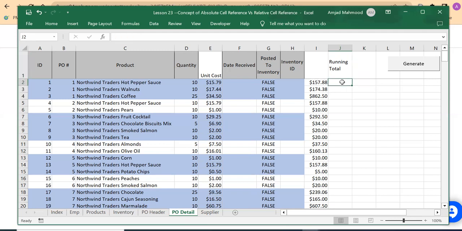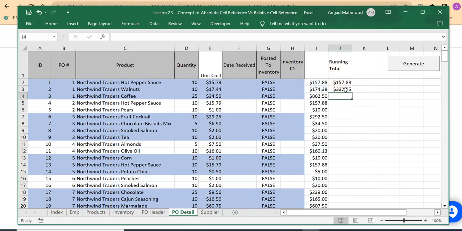Now the running total is this: you say equal to, for example, first of all we start from here. The first running total is this. The other is this plus this.